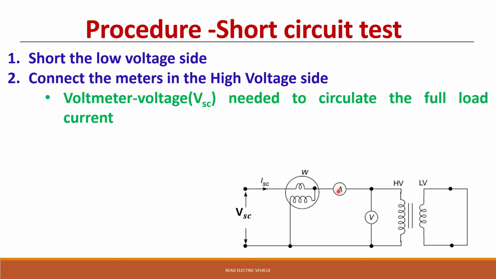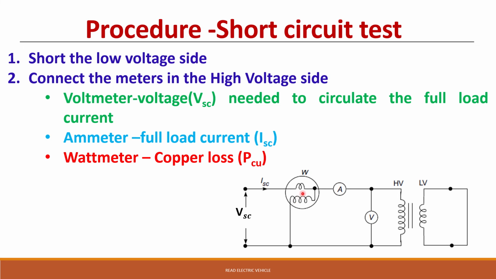So the voltmeter will give you the voltage required to circulate the short circuit current, or the full load current. The ammeter will give you the short circuit current, and the wattmeter will give you the copper loss. So in the open circuit test, you got the core loss. From the short circuit test, you will get the copper loss.